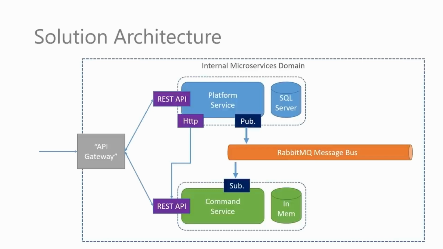And in this case, what we're then going to do is we're going to get the command service to subscribe to the message bus and receive those platform published events, and then it will add those platforms to its own database. So this idea of creating data in one service, in this case a platform, and it subsequently making its way down to other services is something that we call eventual consistency.